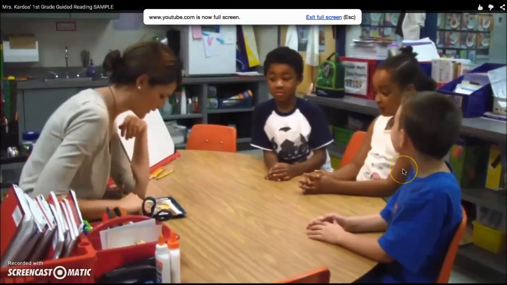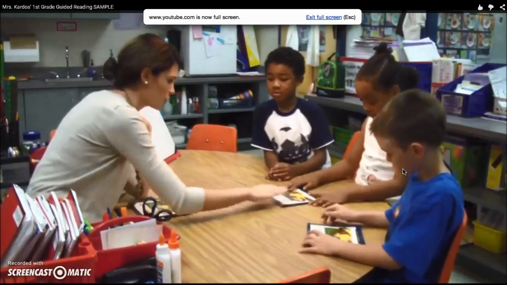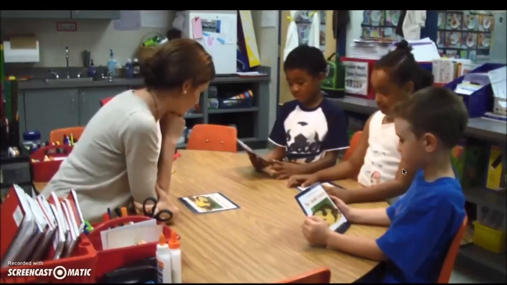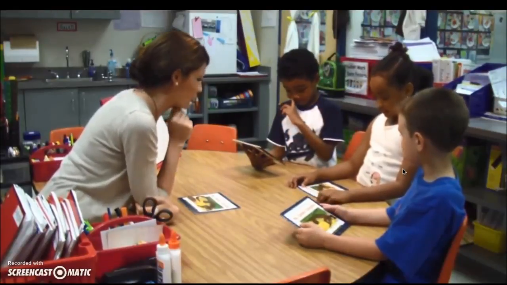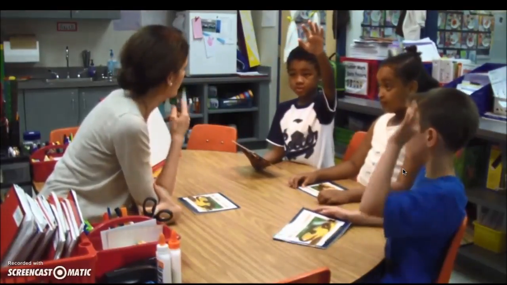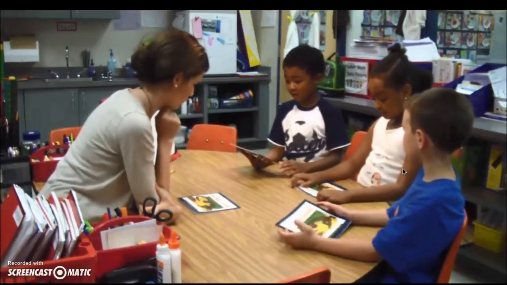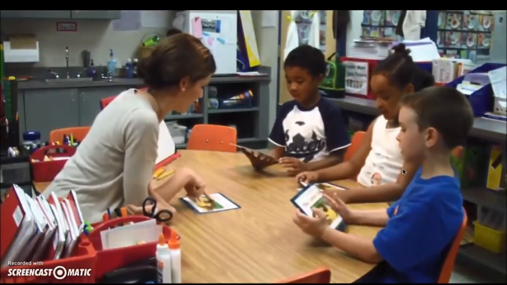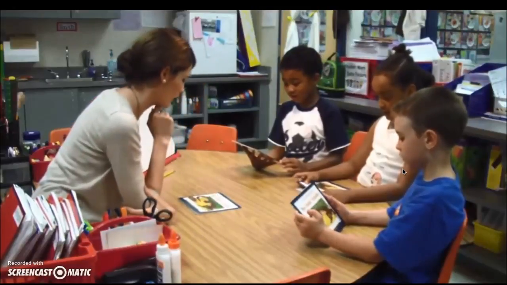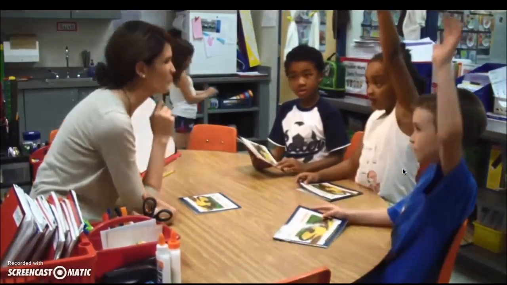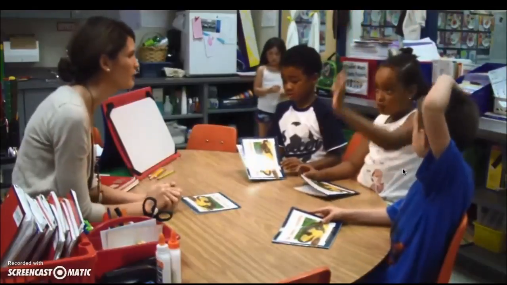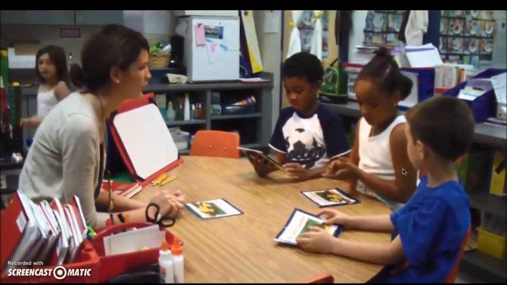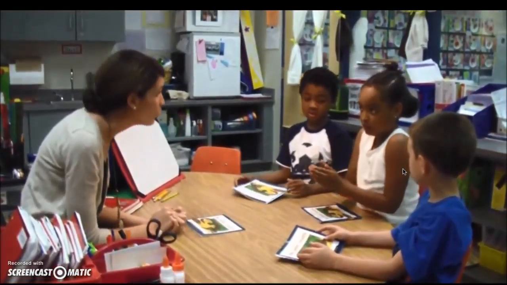All right, boys and girls, this is the book we have, and you can tell me what the title of this book is. The Careful Crocodile. Let's say that together. The Careful Crocodile. What does it mean to be careful? Careful, like when you hold an egg, don't break it.